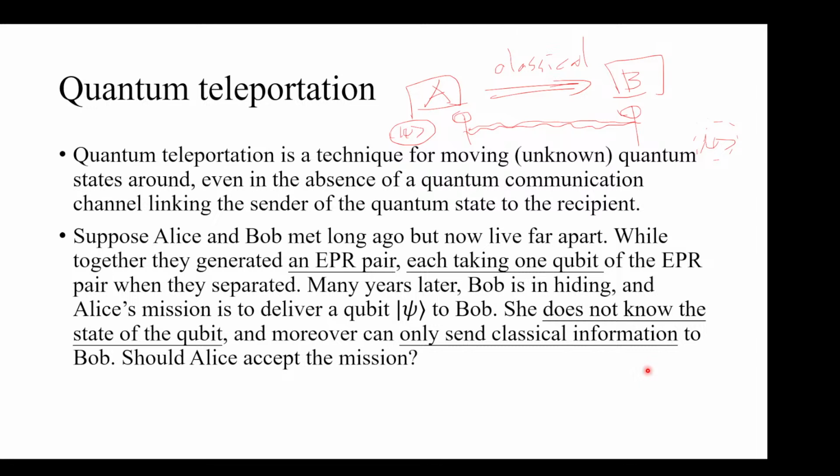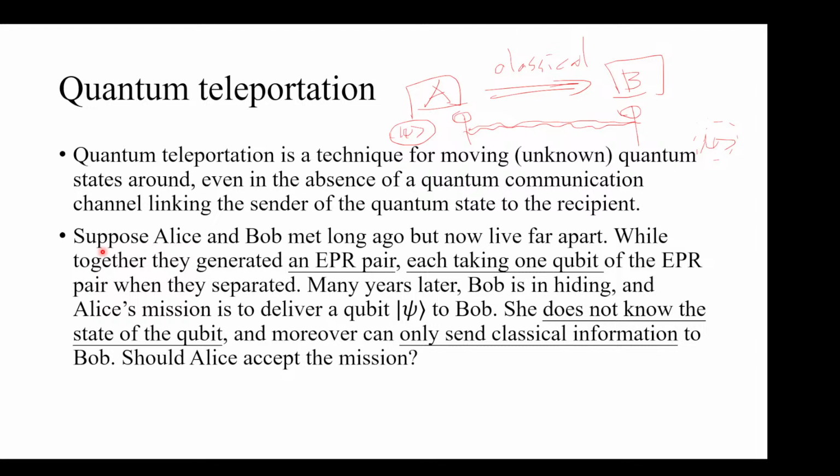So this is a protocol that shows us how a composite quantum system works. Let's start from the setup of teleportation first. We have two parties, Alice and Bob, and they met a very long time ago, and they share an EPR pair.